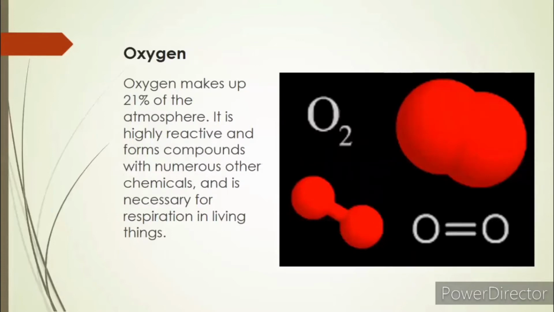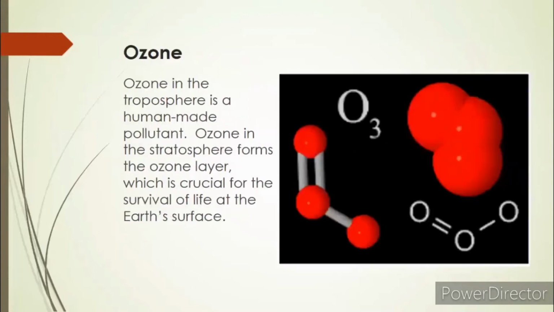Oxygen. Oxygen makes up 21% of the atmosphere. It is highly reactive and forms compounds with numerous other chemicals and is necessary for respiration in living things. Ozone. Ozone in the troposphere is a human-made pollutant.